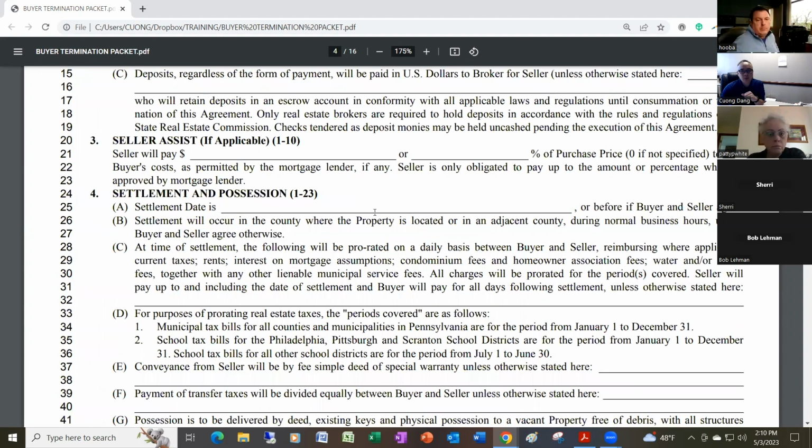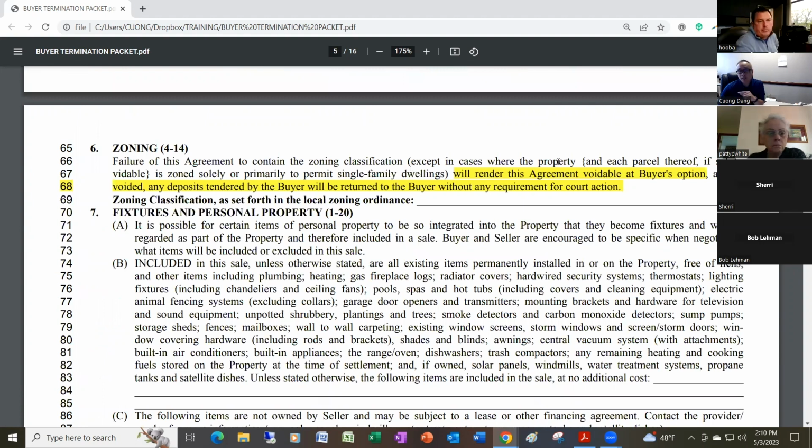Okay, 6, zoning. Failure of this agreement to contain the zoning classification, except in cases where the property and each parcel thereof, if subdividable, is zoned solely or primarily to permit single-family dwellings, will render this agreement voidable at buyer's option.